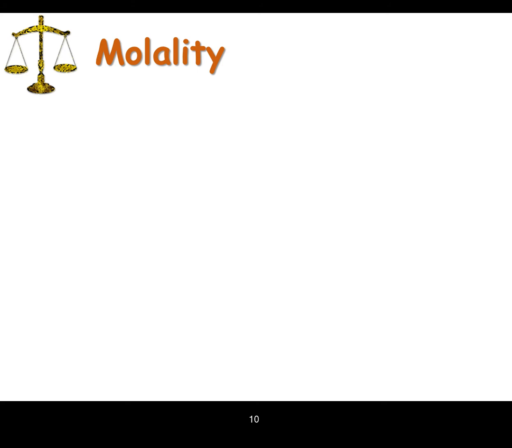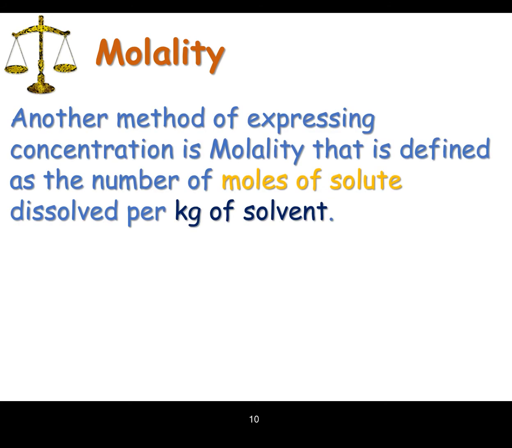Alright, now we are going to get into a concept that is called molality. This is another concentration ratio. Be aware, even though the words look similar, it's not the same as molarity. We'll talk about that now. So this time, instead of taking the number of moles divided by the liters, we're looking at the moles of solute divided by kilograms of just the solvent in this case, okay?